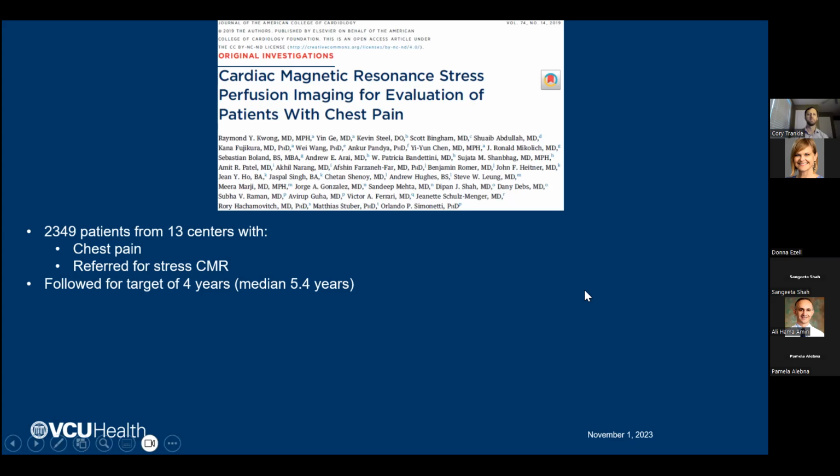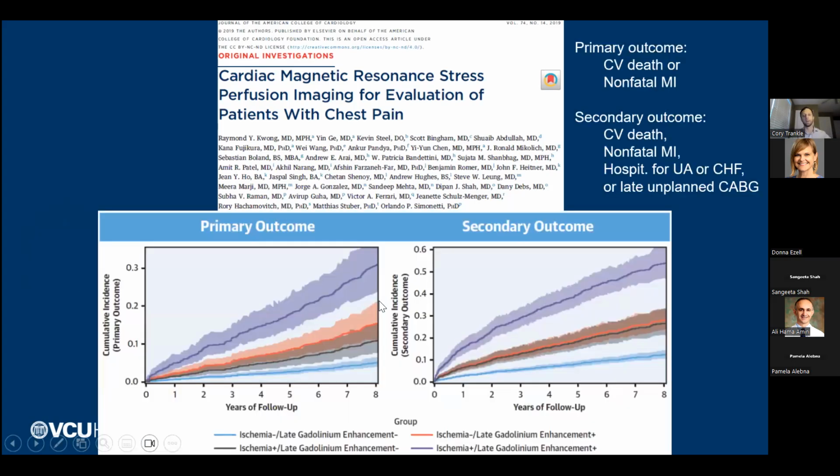They had been doing this for 10 years to enter the study, and compiled over 2,000 cases, and established that those who have signs of reversible perfusion defects and or late gadolinium enhancement tend to be the ones that have worse outcomes down the line. They use the term ischemia. I think maybe in a lot of cases we're not actually inducing ischemia, it's just a perfusion mismatch, but you can have a steal effect when you give a vasodilator and induce ischemia. And so a lot of the papers will just go ahead and call it ischemia.